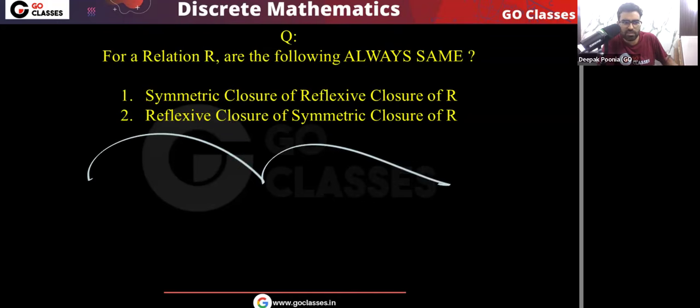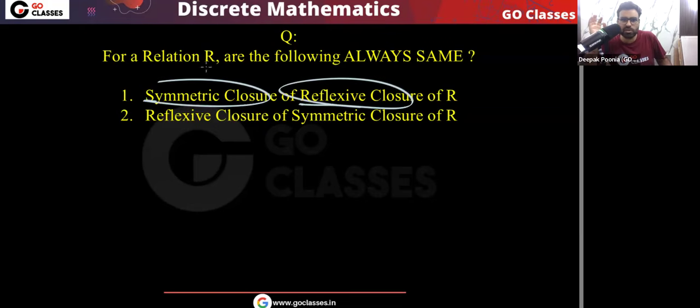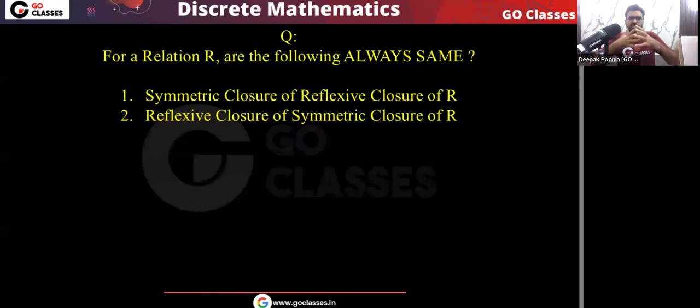First symmetric then reflexive, or first reflexive then symmetric? Will you get the same answer? The answer is yes. What is the reason? The reason is very simple. See, reflexive closure and symmetric closure, do they interfere with each other? Think about the graph representation.